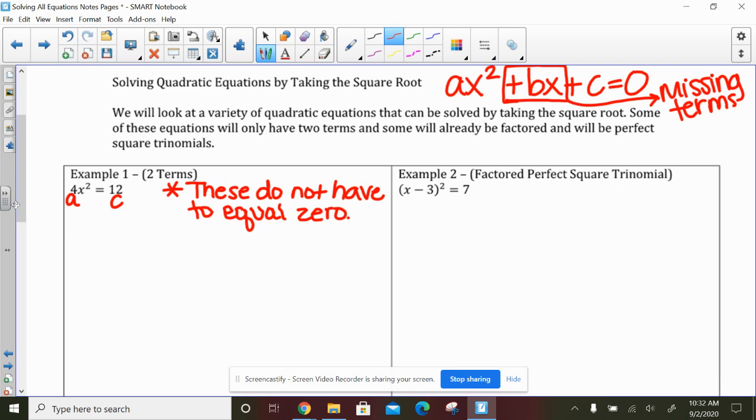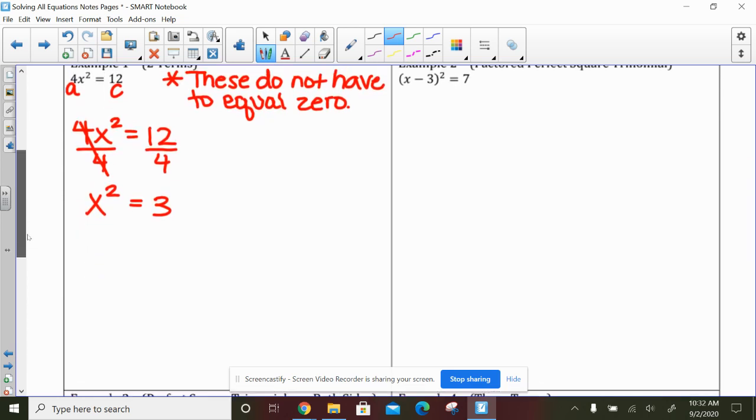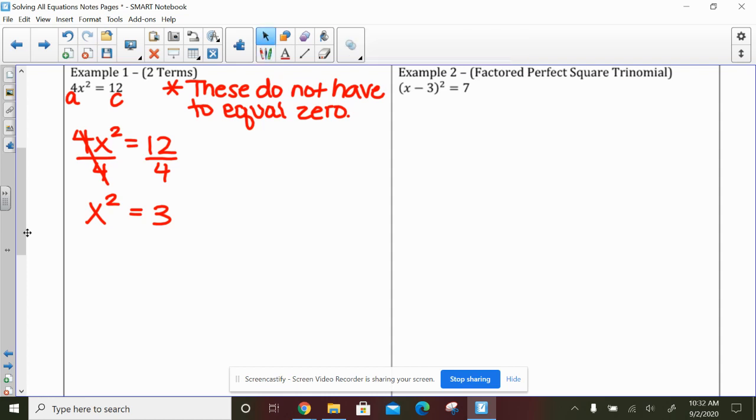So the first thing I'm going to do on a problem like this, I just want to get x by itself. Well, to get the x squared by itself, I can divide both sides by 4. When I do that, I get x squared equals 3. To undo a square, you take the square root of both sides. So if I do the square root and the square root, I'll get x equals.